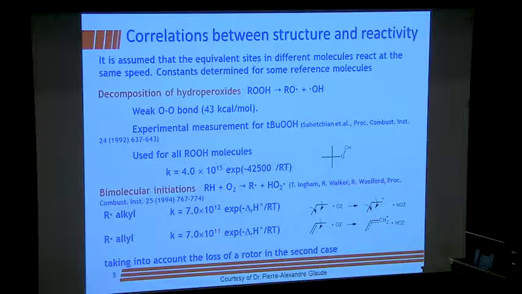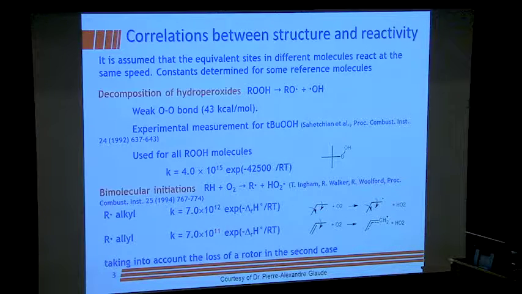He studied these reactions. For H atom abstraction from alkanes by O2, producing an alkyl radical, he recommends a rate constant of 7 times 10 to the 12 with an activation energy equal to the heat of reaction. The heat of reaction is just the heat of formation of the products minus the heat of formation of reactants. That's the rate constant used for all these types of reaction.